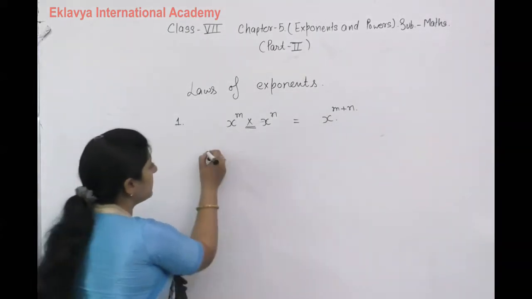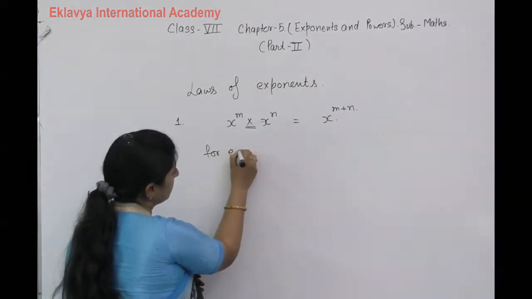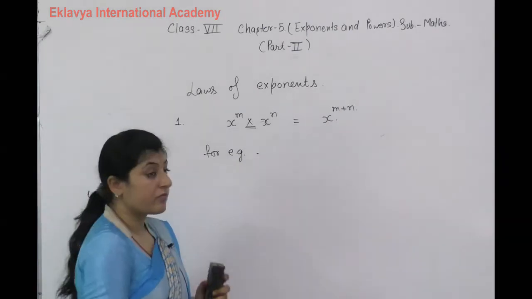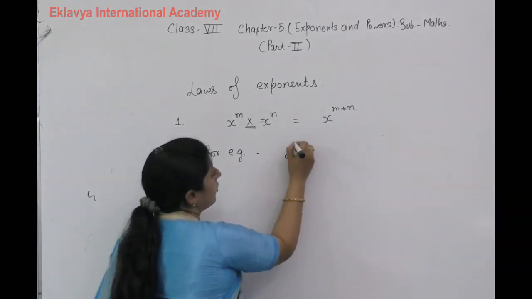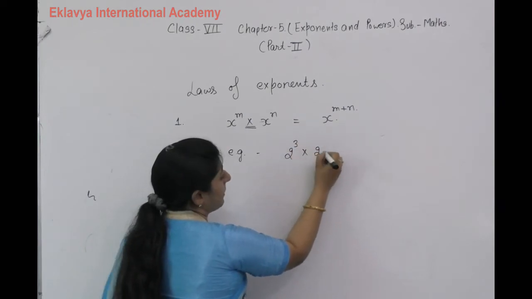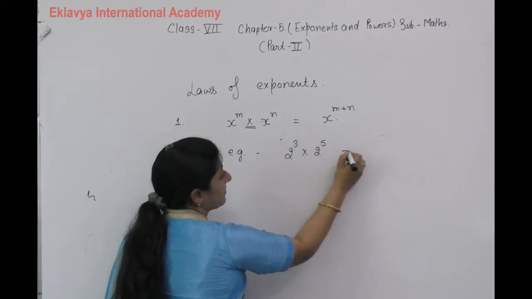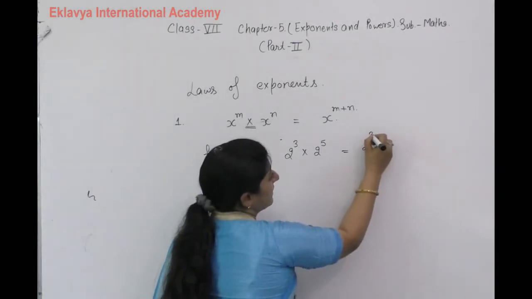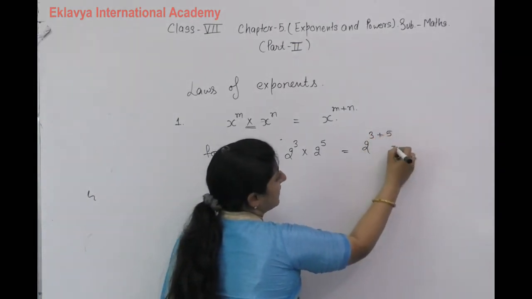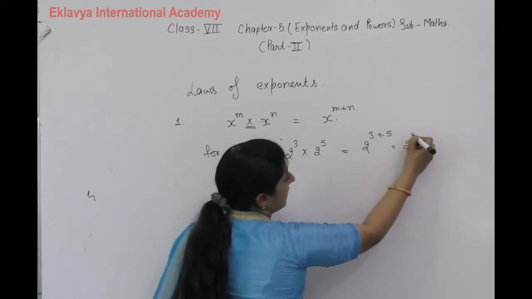For example, suppose I write 2 power 3 into 2 power 5. Then it is equal to 2 power 3 plus 5, that is 2 power 8.